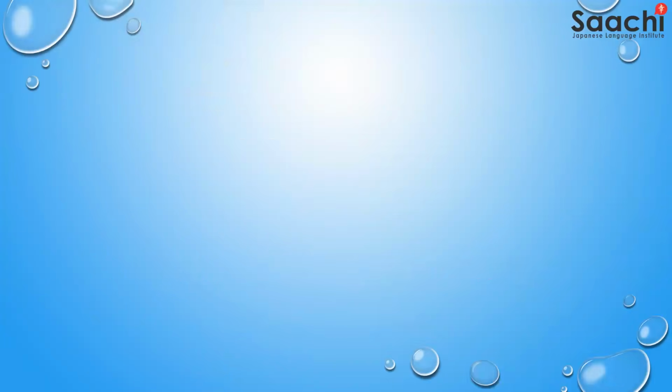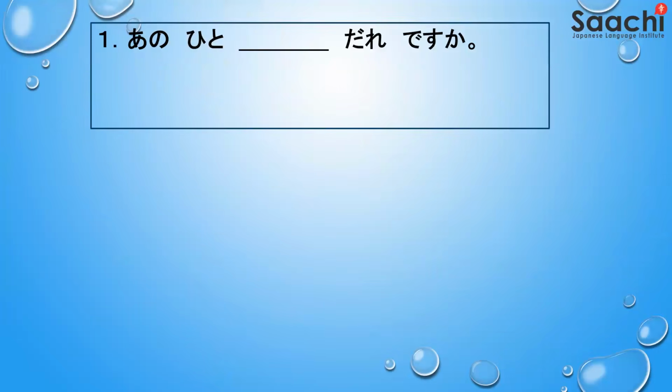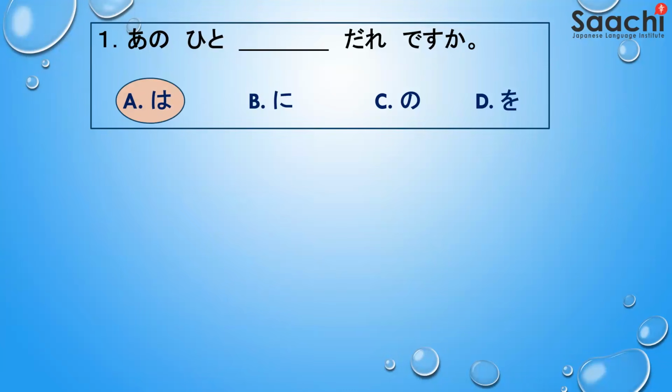はい、始めましょう。あの人、誰ですか。Options are は、に、の、を。はい、答えは、あの人は誰ですか? So the は is topic marker.